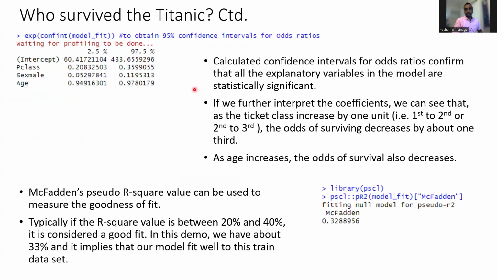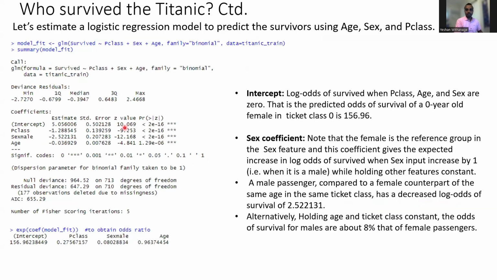We can see that all independent variables are statistically significant, as I said earlier, and we can confirm that by checking the confidence intervals. And also we can see that the age coefficient and the p-class coefficient are negative. So what does that mean?